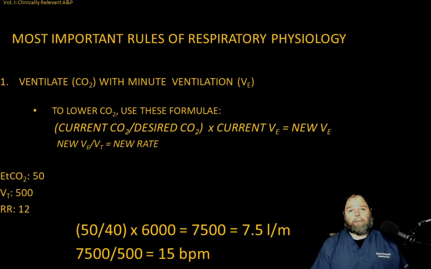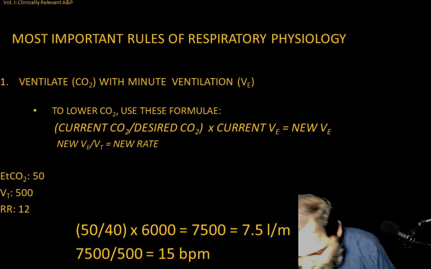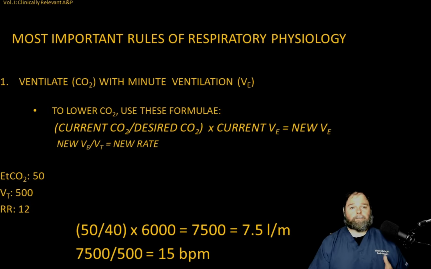Now we're going to assume, for this example, that our tidal volume of 500 is physiologically appropriate. So we don't want to change that. If we're not going to change that, that means we're going to have to change the rate. So how do we find out what our new rate's going to be? The way we do that is take our new minute ventilation, in this case 7,500, and divide that by our tidal volume, which is 500 milliliters.